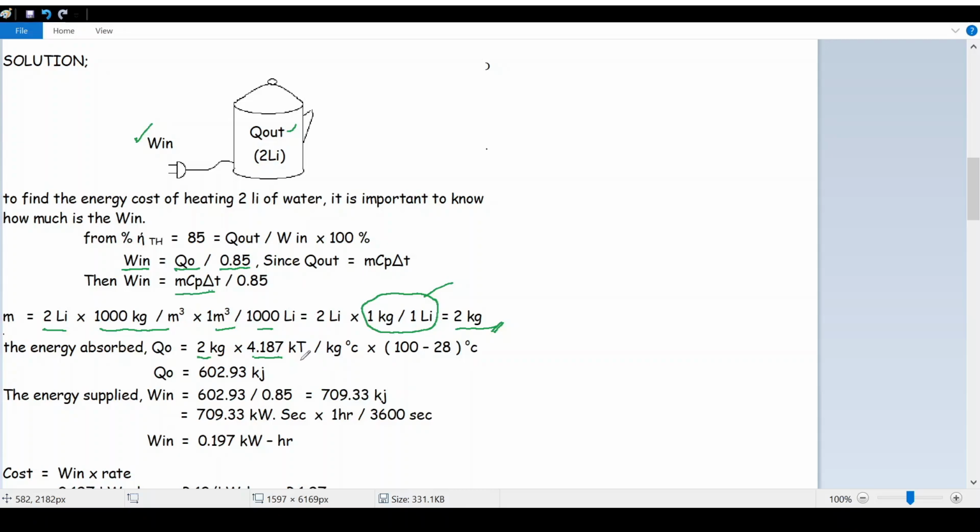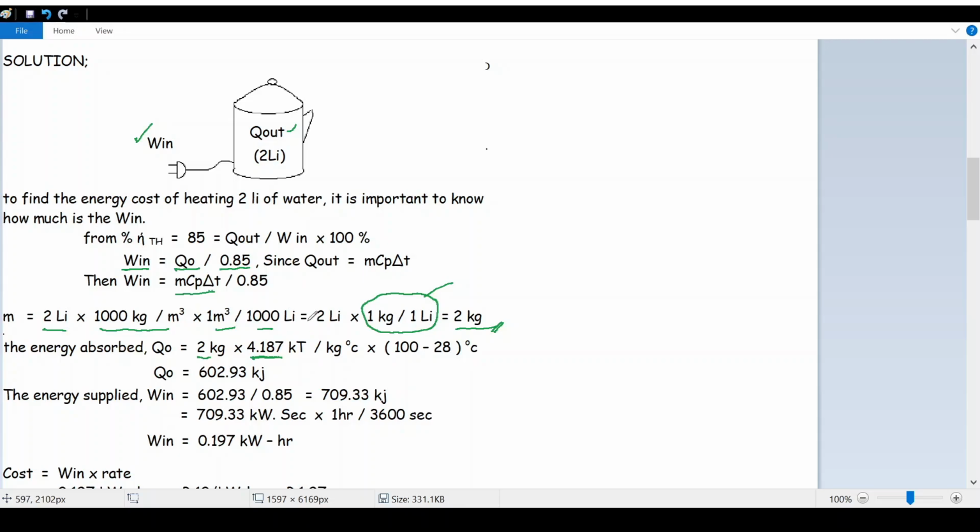We choose the Cp in joules because we need a unit in watts, and the unit watts is equal to joules per second.